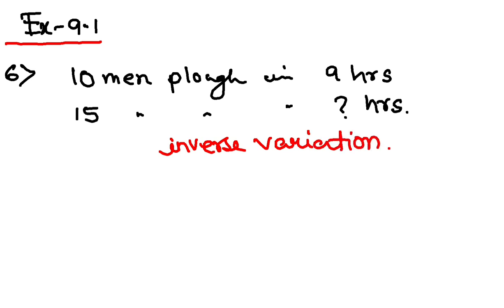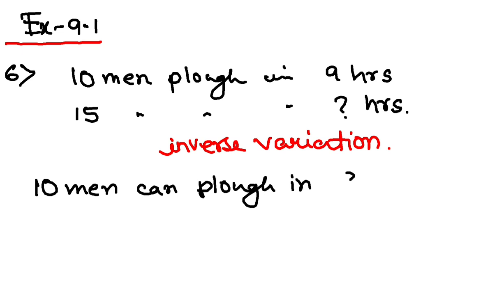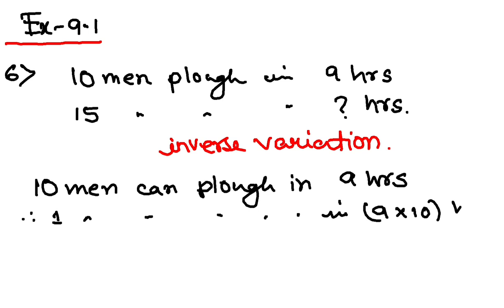So how should we write this? We are going to write like this: 10 men can plow in 9 hours. Therefore, one man can plow in not 10 by 9, rather 9 into 10, not 9 by 10, 9 into 10 hours.